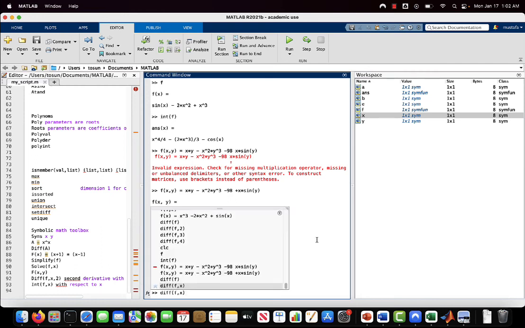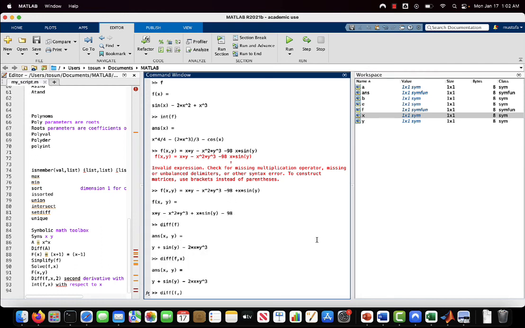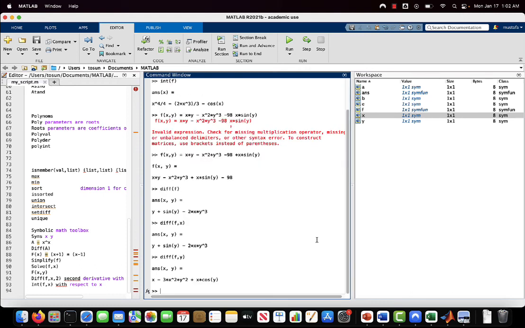But if I want to get the derivative of f with respect to y, I can use y in here, and then my result will be x minus 3x squared y squared plus x cos y.